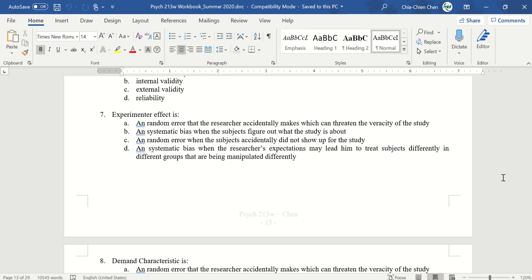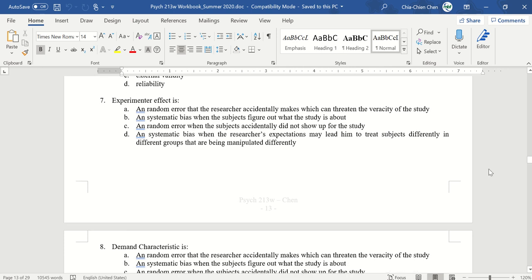Is it C, a random error when the subject accidentally did not show up for the study? No, that's just a simple random error. So it must be D then. Let's see if D is correct. A systematic bias when the researcher's expectation may lead him to treat subjects differently in different groups that are being manipulated differently. Okay, so the correct answer is D.